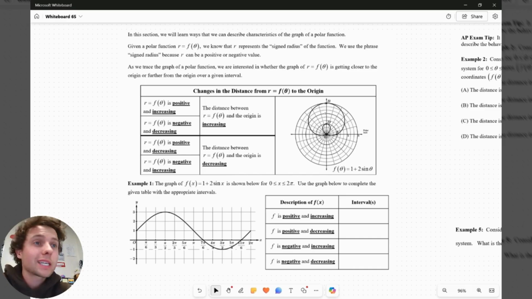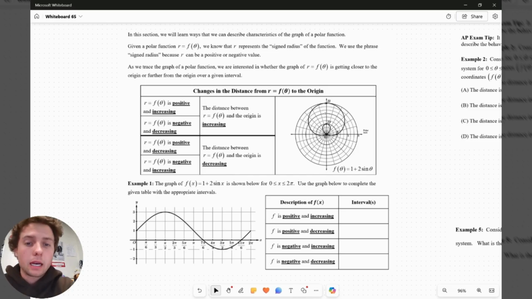Another way to consider that is if you were to graph the function in the xy coordinate plane, now you're thinking about the signed radius r as the distance from the x-axis.